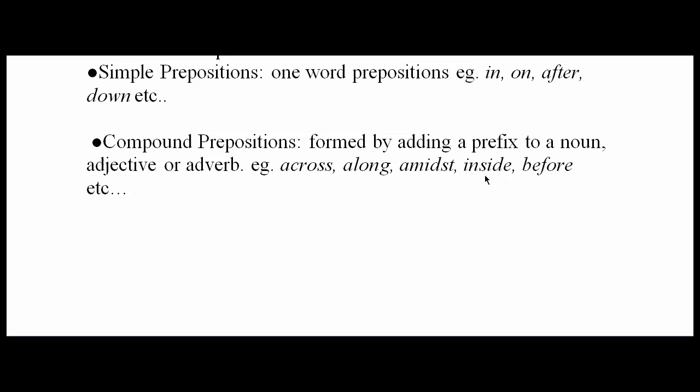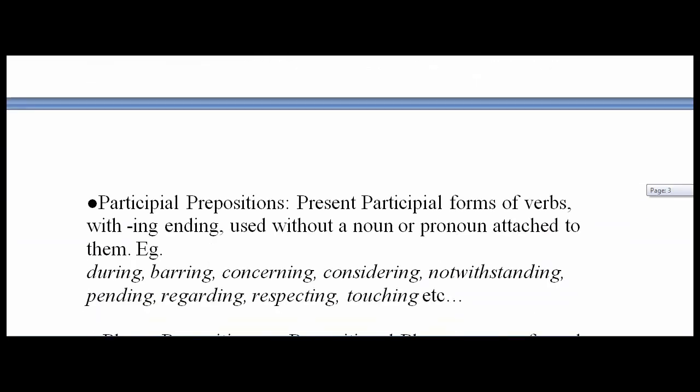For, we add be, before. All these, a, be, in, are called prefix. When we add this prefix to a noun, adjective, or an adverb, a compound preposition can be formed. So words such as across, along, amidst, inside, before are called compound prepositions.